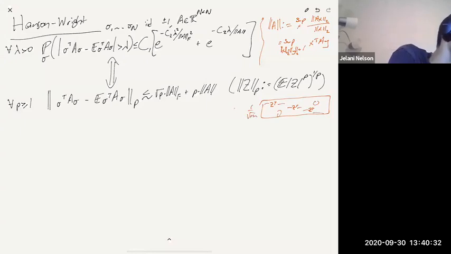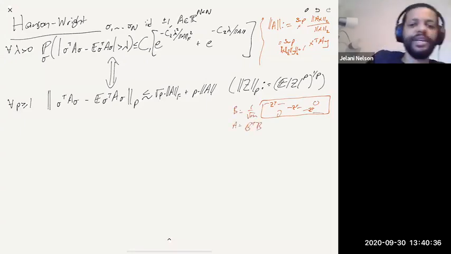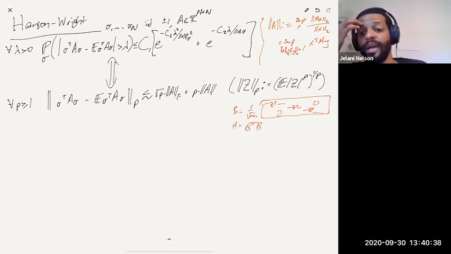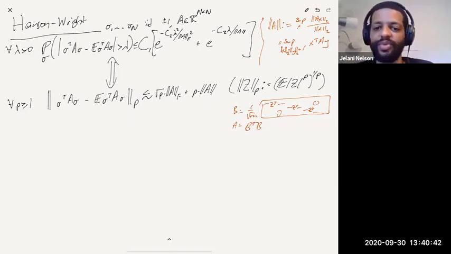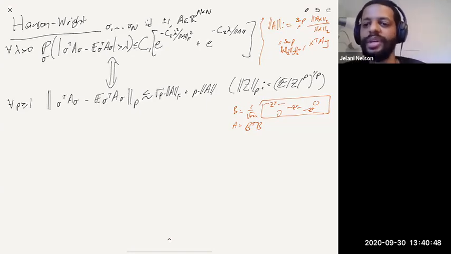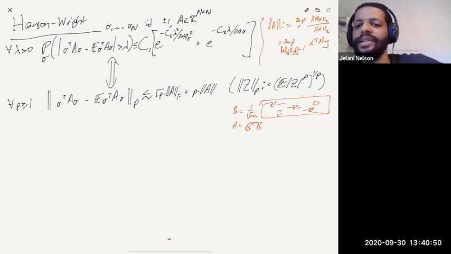This was our B, and then our A was B transpose B. When we applied Hansen-Wright on Monday, this matrix is in fact a real symmetric matrix. So by the spectral theorem it is diagonalizable by an orthogonal matrix. So in fact, for this case, the operator norm is the magnitude of the largest eigenvalue. But that's not always going to be the operator norm if you don't necessarily have a real symmetric matrix.